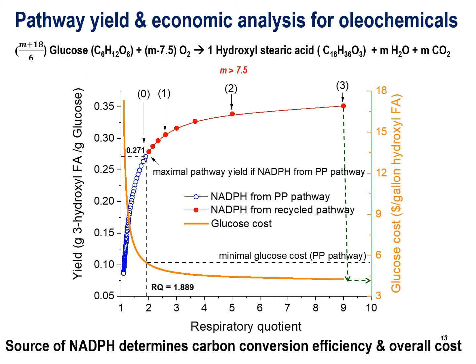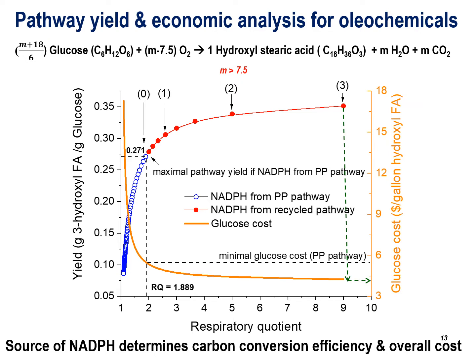So here I'm showing you the generic stoichiometric balance, the carbon conversion yield curve, which corresponds to the blue dots and the red dots, and the raw material cost curve, which is the golden curve. If you plot the yield and the cost on the y-axis as a function of the RQ, the respiratory quotient, you will find it represents the oxidative states of the carbons.